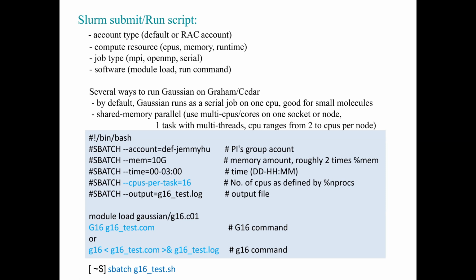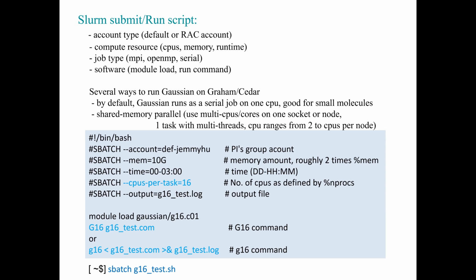On Graham and Cedar, the majority of nodes originally had 32 CPUs. Now they have some new node types: some have 24 CPUs, some have 40, and some even have 48 CPUs. So with different node structures, the maximum CPUs per node is different.